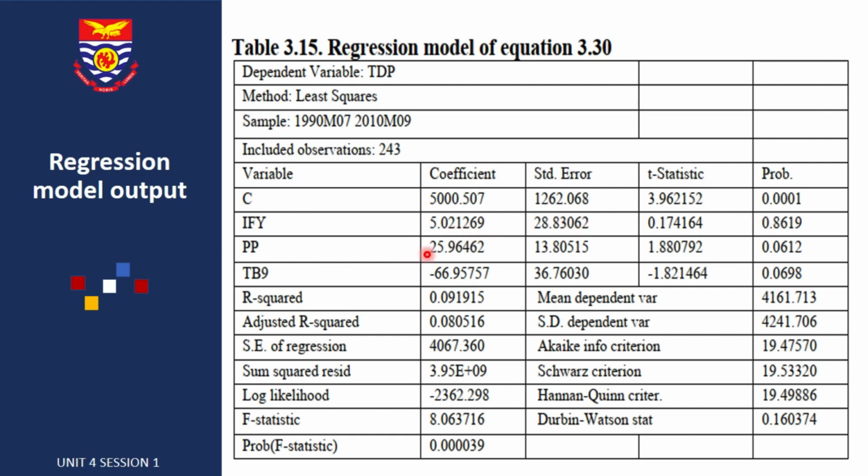With the petroleum price, we could also see that our standard error is less than our coefficient, but our T statistic is less than 2, which also makes it insignificant given the 5% significance level. We also have a probability of about 6%, which is higher than the usual value of 5%.